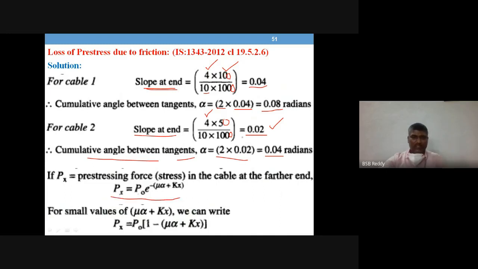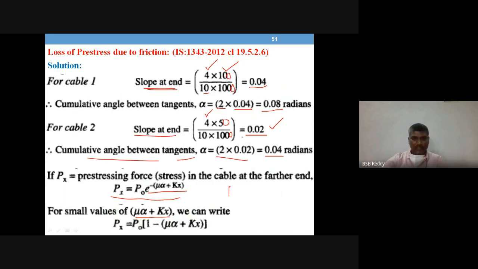So Px is P naught e power minus mu alpha plus Kx. For small values of mu alpha plus Kx, you can expand this e power x form. So P naught into 1 minus mu alpha plus Kx.